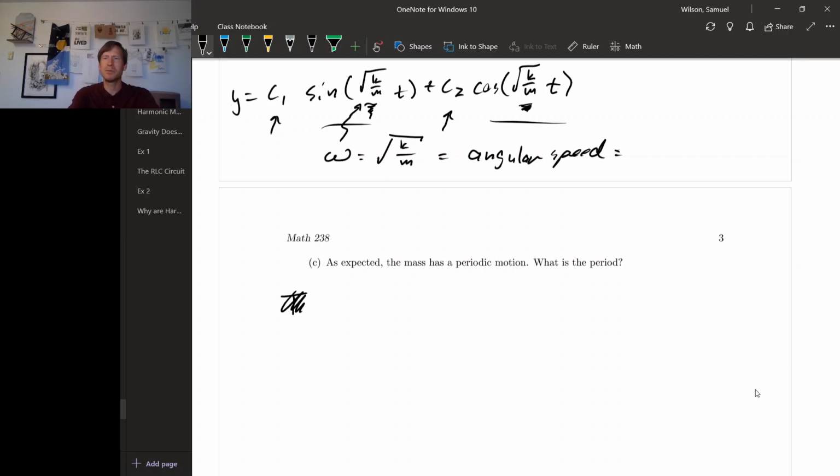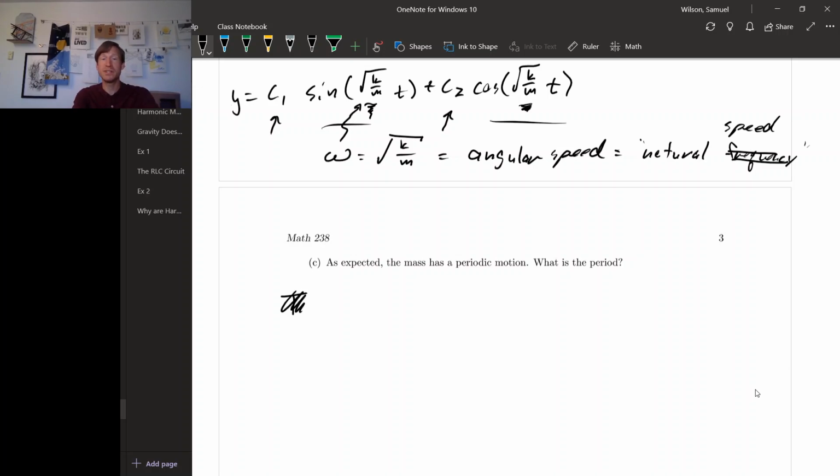Some people call this the natural frequency, but that term is a little misleading because it's actually not a frequency. So maybe it should be called the natural angular speed of the system.